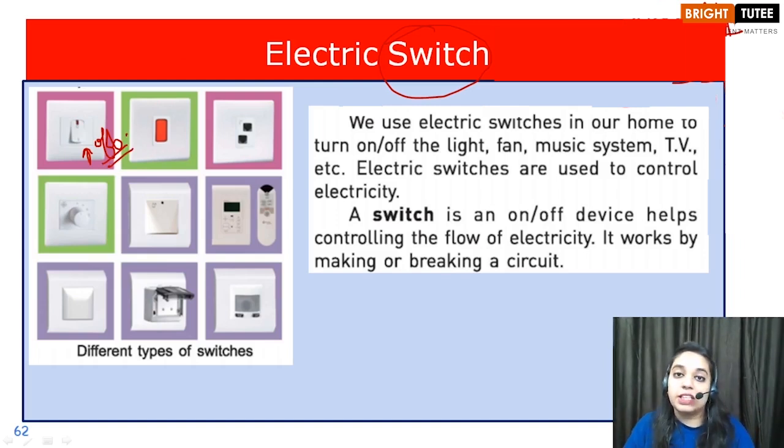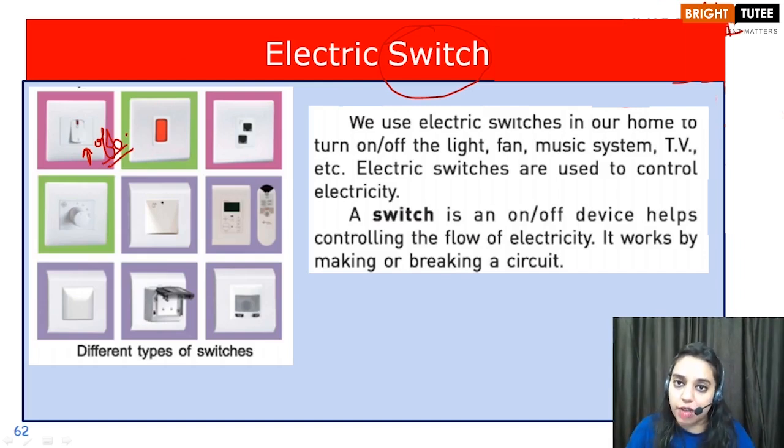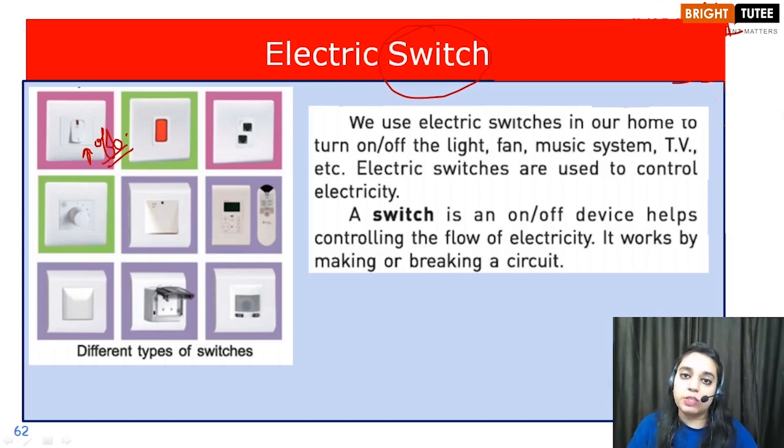It means that we have completed the circuit and the current is now flowing through the apparatus, right? Only then will the apparatus be switched on. The fan will start moving only when it receives electricity, only when the circuit is completed. So in that case we say the switch is on.